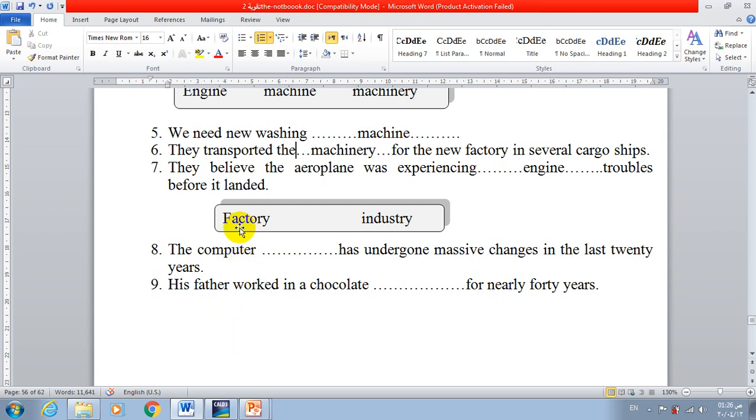The word factory means a building or a set of buildings where large amounts of goods are made using machines. But the word industry means the companies and activities involved in the process of producing goods for sale, especially in a factory or special area. So the right answer for number 8 is good, industry. And number 9, the word factory.